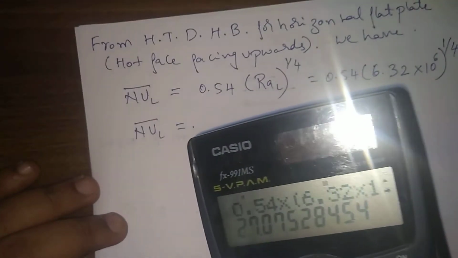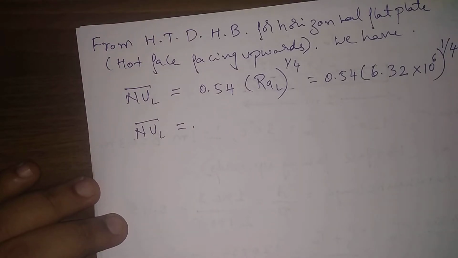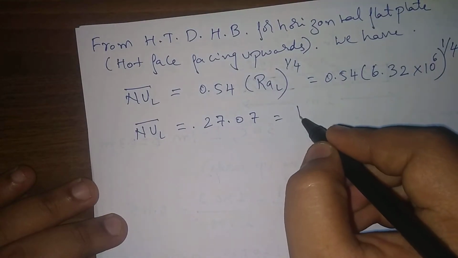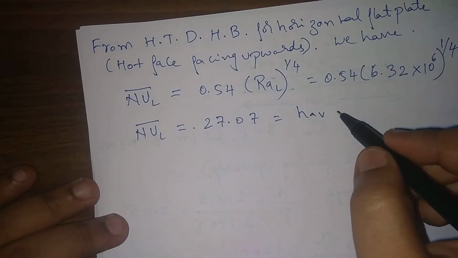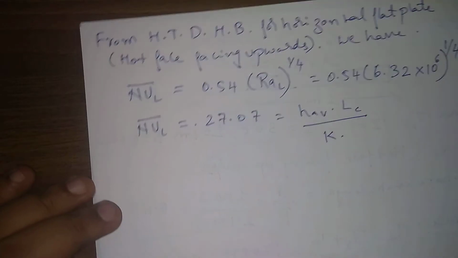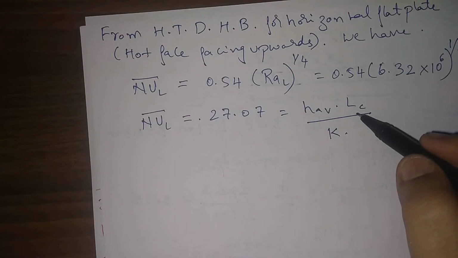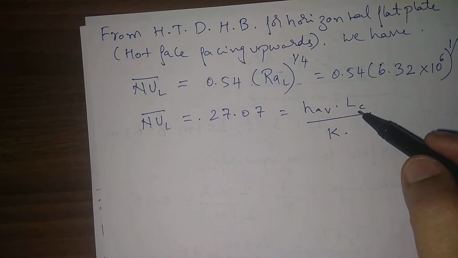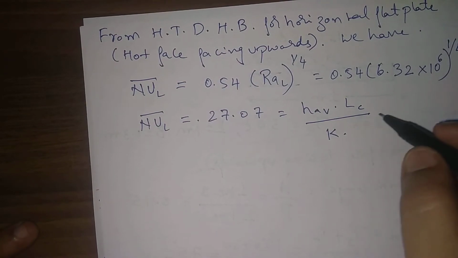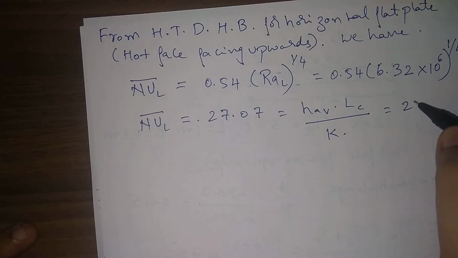So it is coming out to be around 27.07, which is equal to h average into LC divided by K. You have to consider the characteristic length wherever you go, so please be careful about that. So it is equal to 27.07.